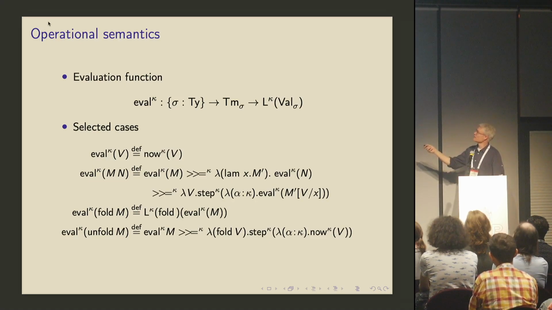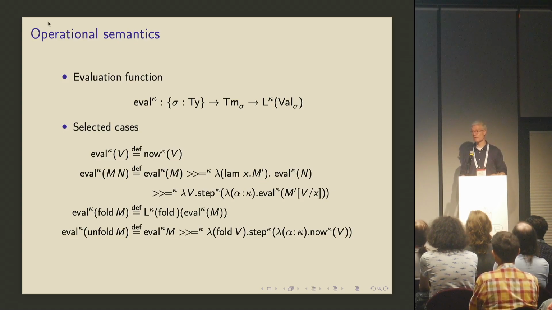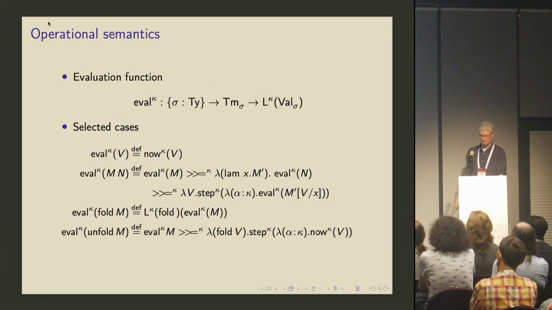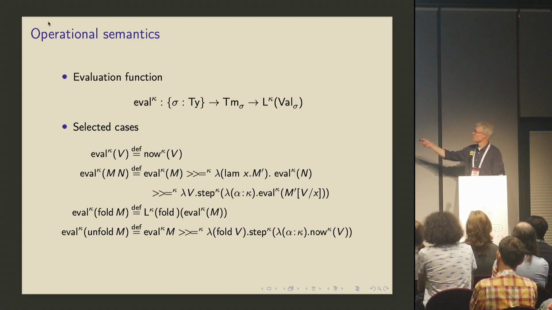But here's the crucial part where we need to use guarded recursion, because m prime with v substituted for x is not a subterm of m of n. So we need some reason why this is well defined. It's well defined by guarded recursion, exactly because this is underneath a later. I could actually define this eval kappa as a fixed point, but I haven't written it out explicitly using the fixed point operator.